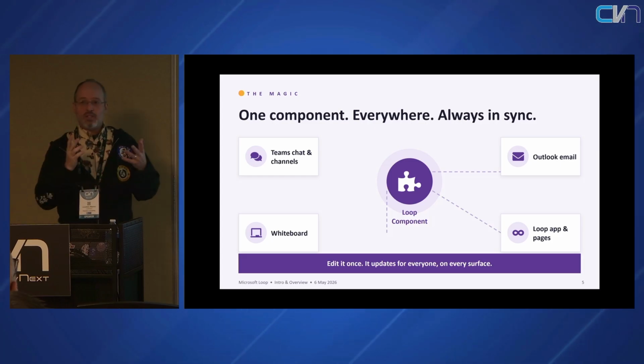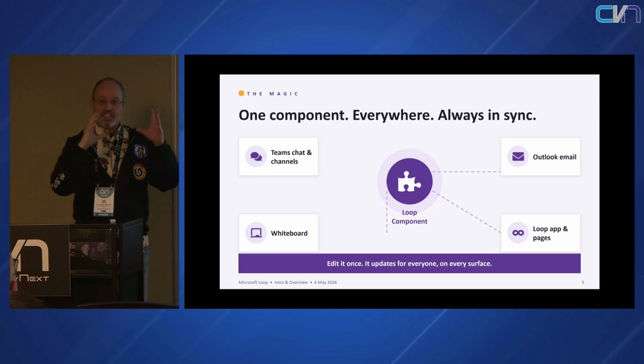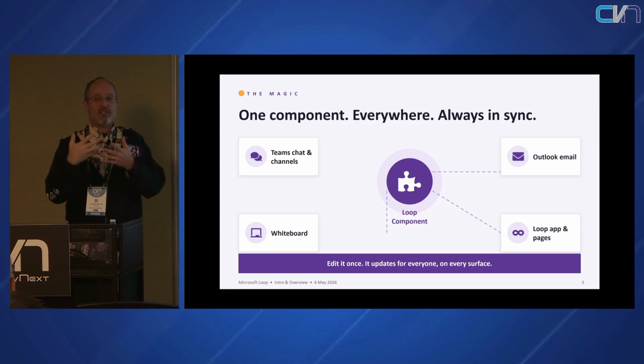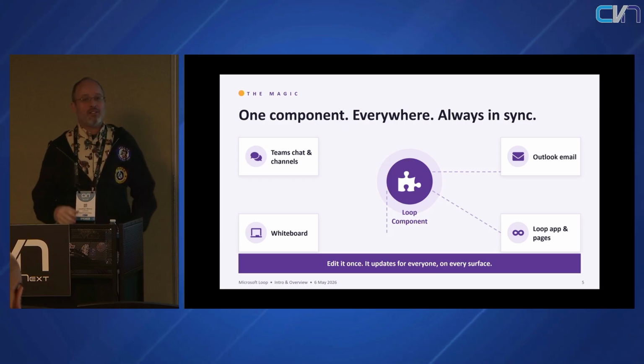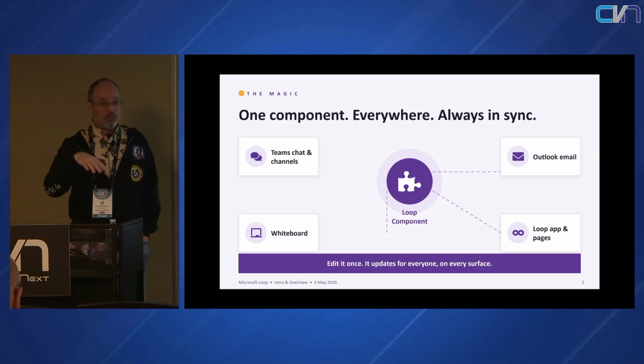And we go to either our Teams chat, maybe the team meeting that we're in the chat, we paste the link. It basically puts a copy or a synced, live editable copy of that loop component right there in your Teams chat. Maybe you go back out to your OneNote where you've been working on the project.